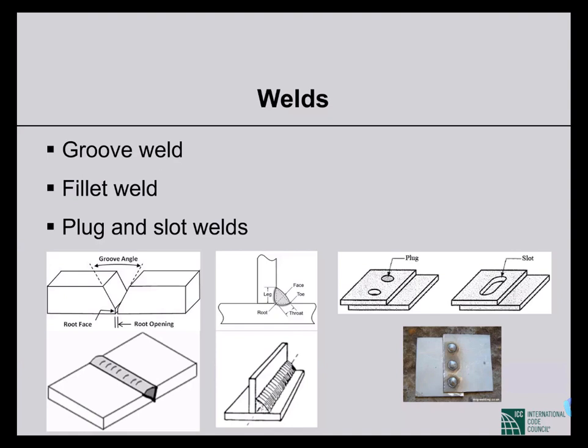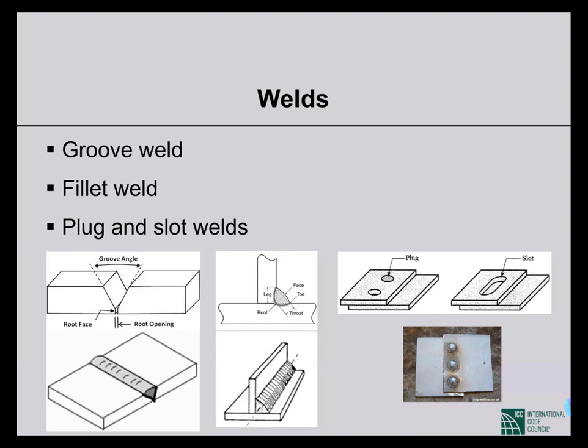There are different types of welding, but in the building code, basically these three types of welds are mentioned. One is groove weld, as shown in the left picture, where we first create a groove in the parent material, the members that we want to connect. We prepare a groove, then we weld on that groove. That is groove weld.